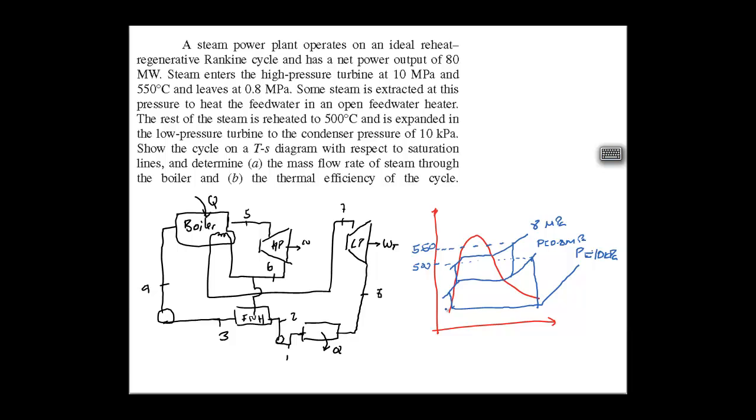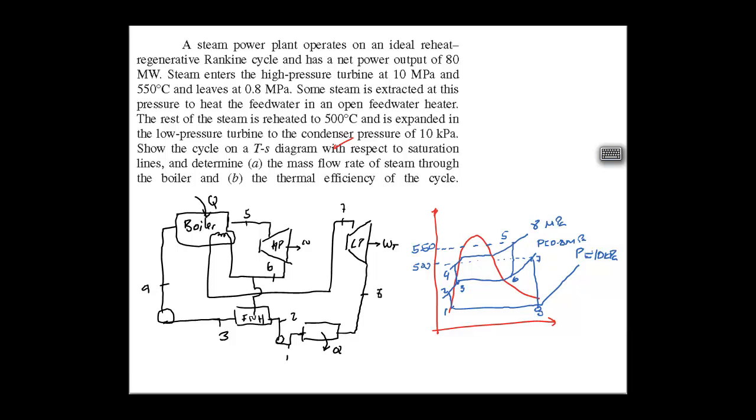So this is 1, saturated liquid, 2, the exit of the pump, 3, 4, 5, 6, 7, and 8. Okay, so we have our first point. Check this diagram. So now we need to solve our problem.